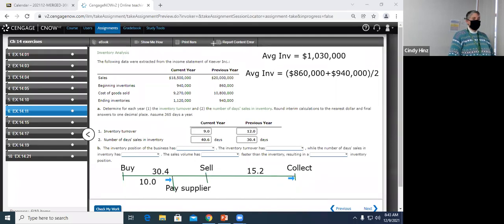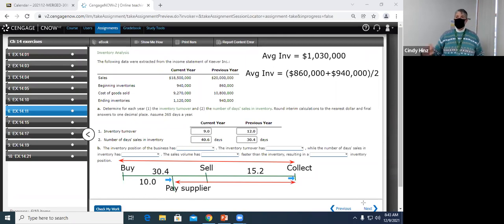So this whole thing, from here to here, is called the operating cycle. But from here to here is called the financing period, or the cash gap, more casually.